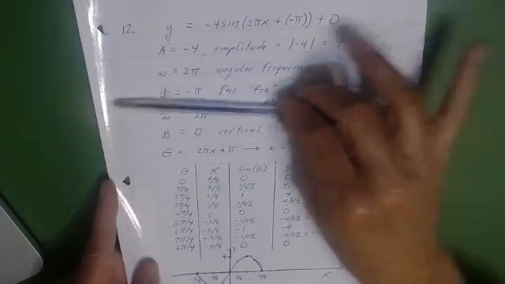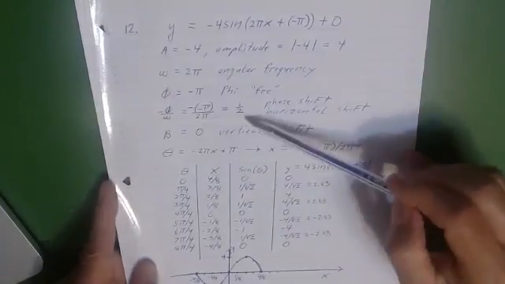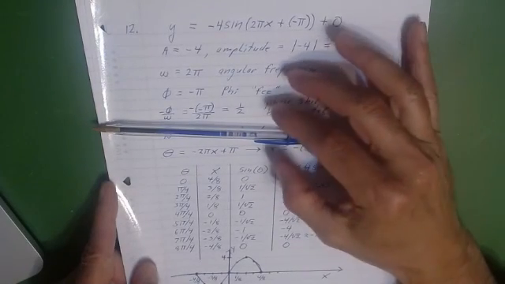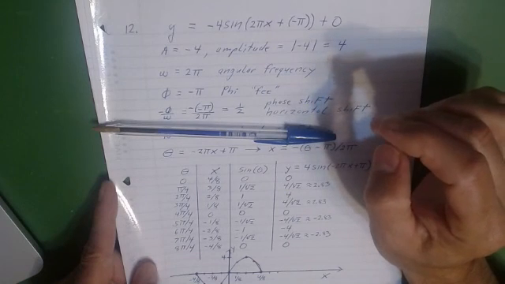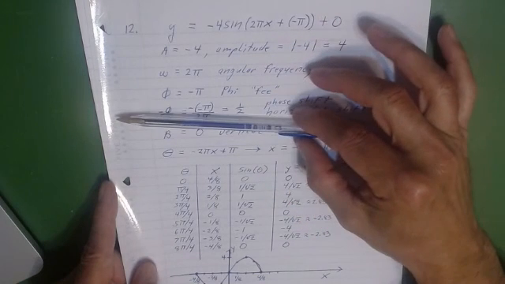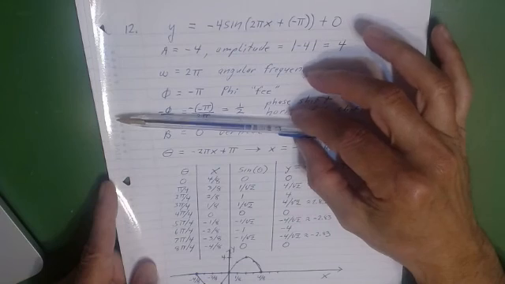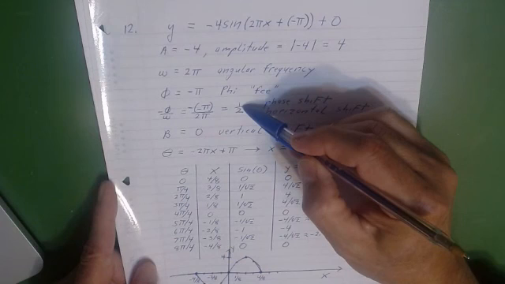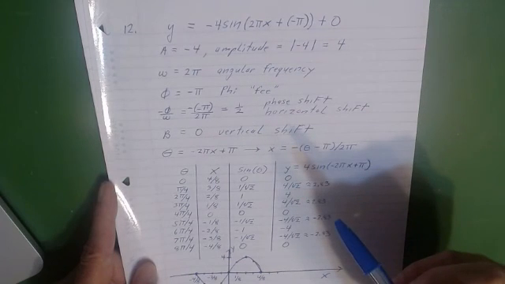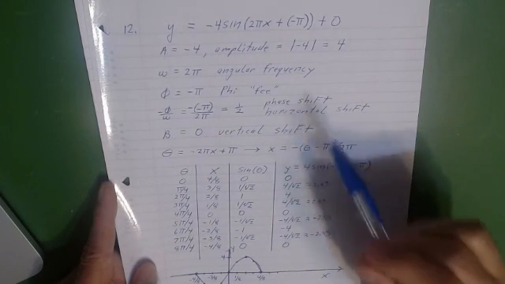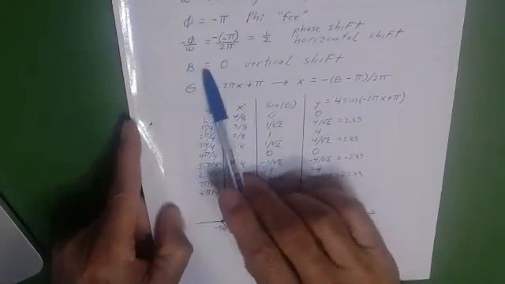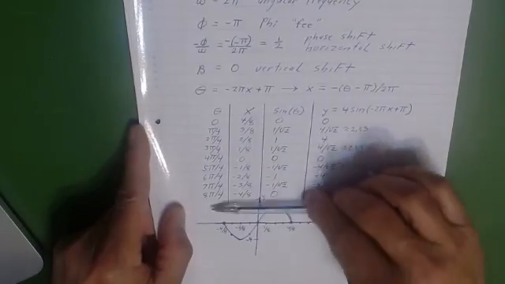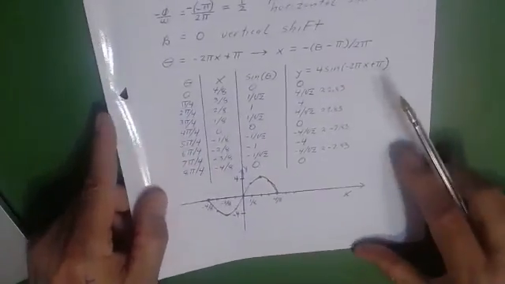And that's our horizontal shift, and it's a positive number, so it's going to shift the function to the right, I believe, by 1/2. Yes, okay. Vertical shift, B, is 0, so the function's not shifted this way at all.